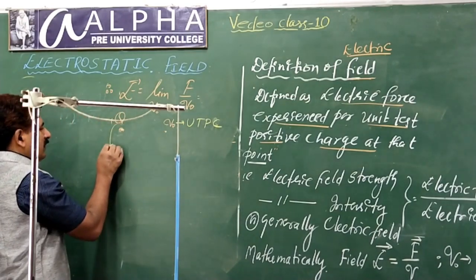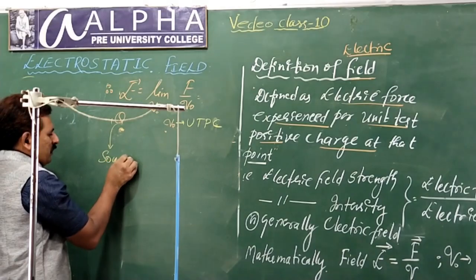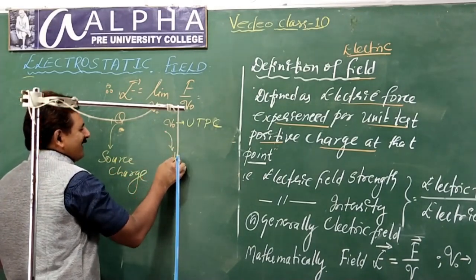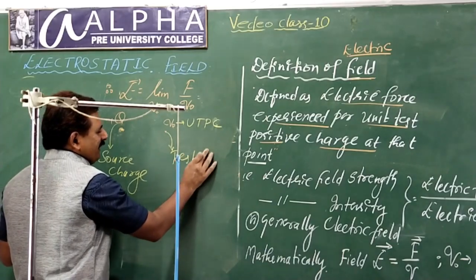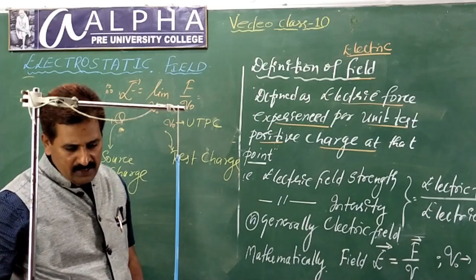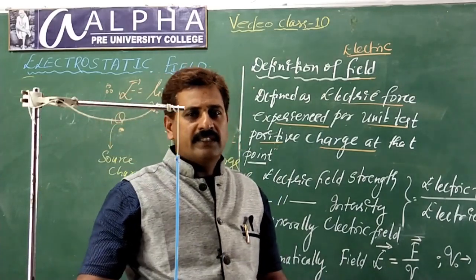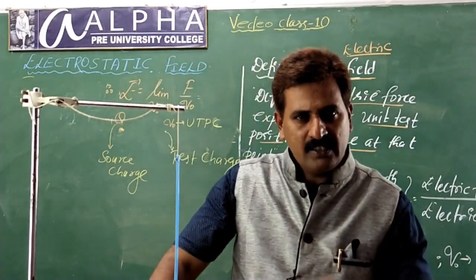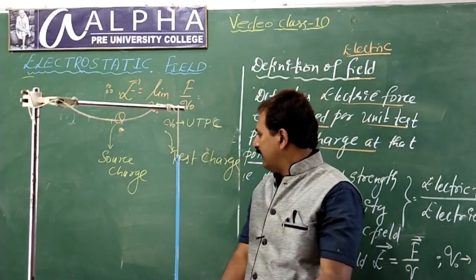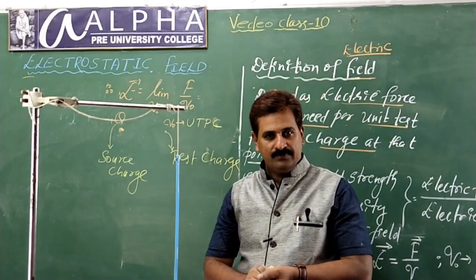Here, Q is called the source charge. Q is the source charge, and Q naught is the test charge. Remember, it is there in my notes. Remember this much. What is a source charge? The charge which produces the electric field is the source charge, and the charge which is used to test the presence of the field is called the test charge.